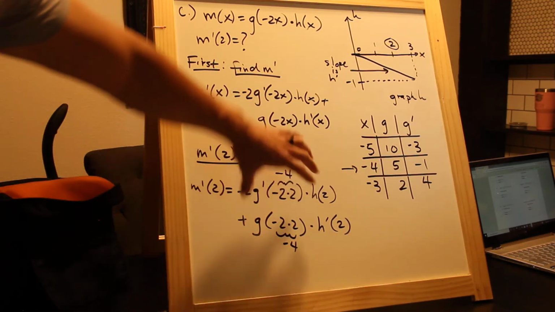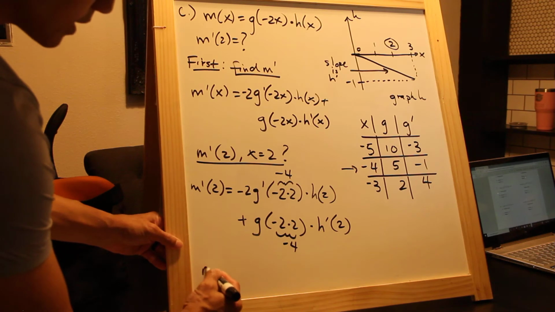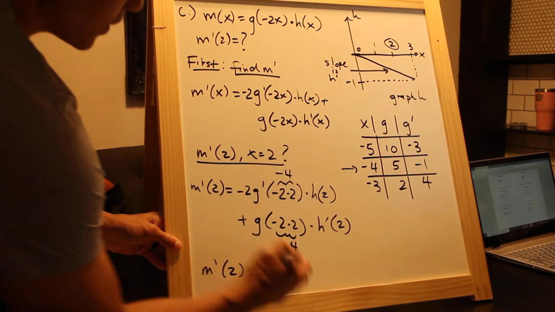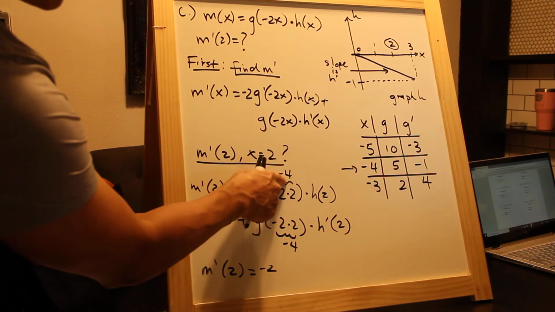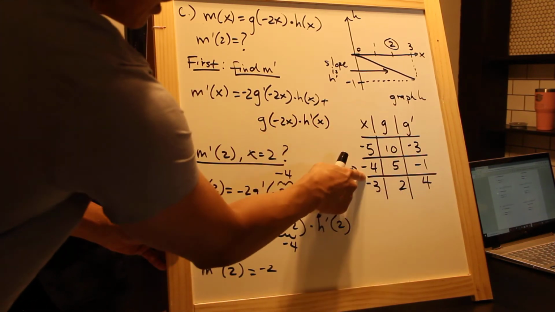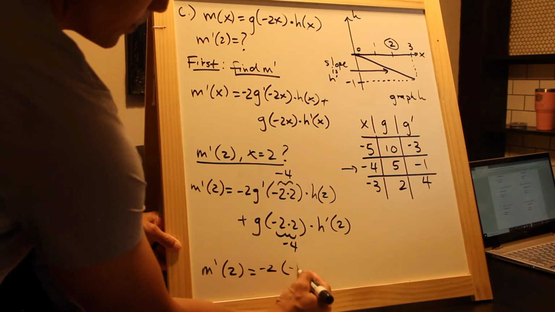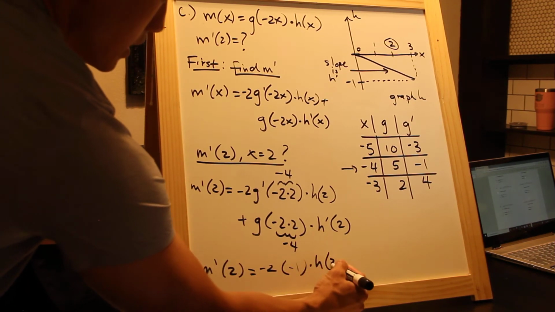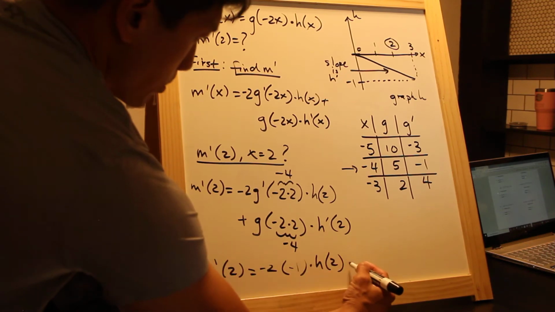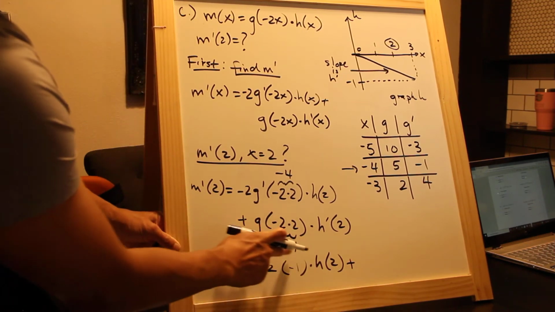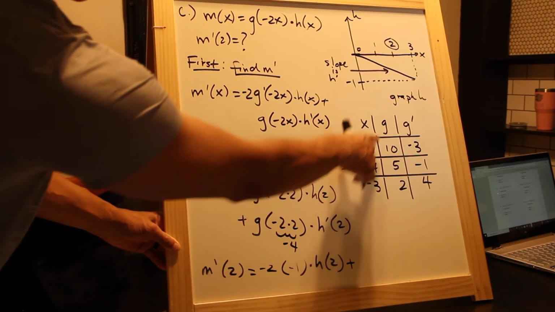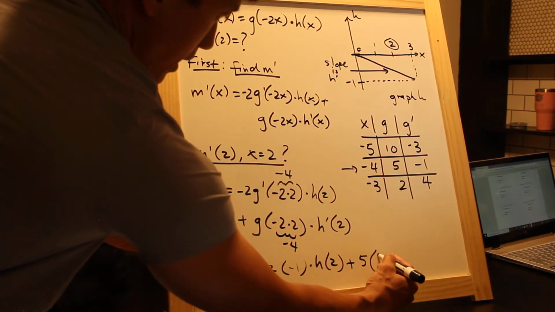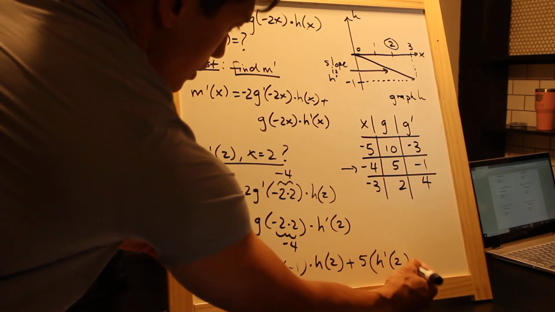So automatically I can substitute those for the appropriate values. So this is negative 2 times g prime of negative 4, which is negative 1, times h of 2, plus g of negative 4. Here's negative 4, g is 5. And then I'm going to multiply by h prime of 2.